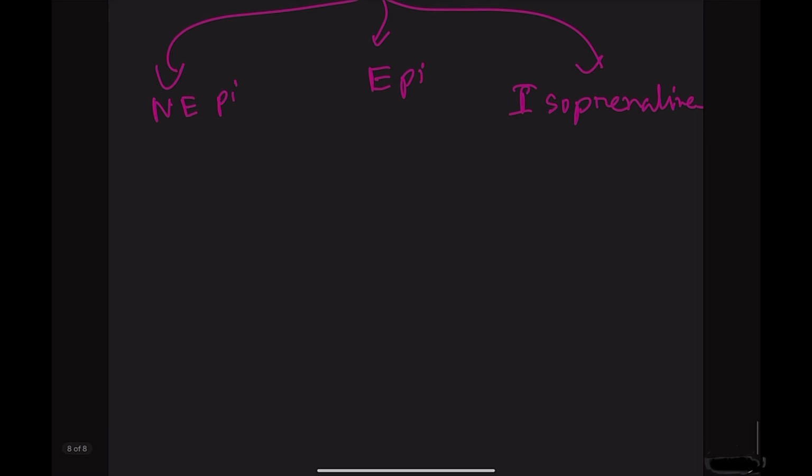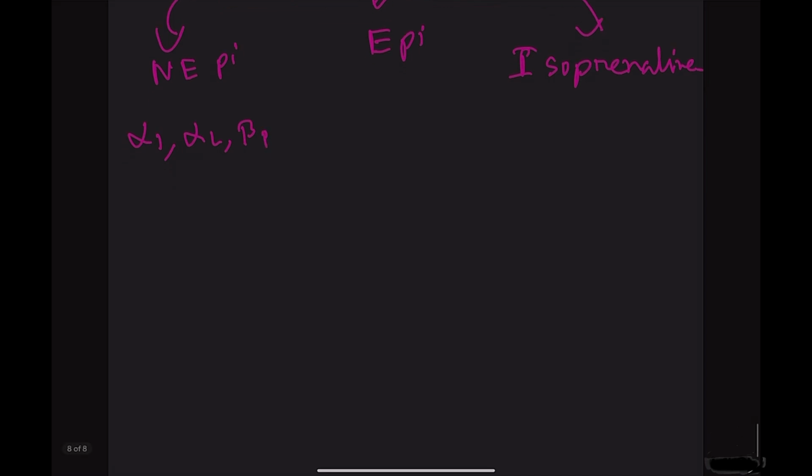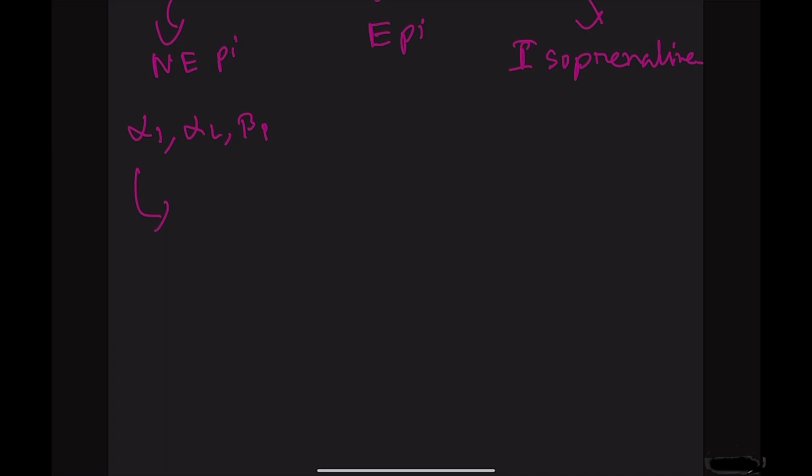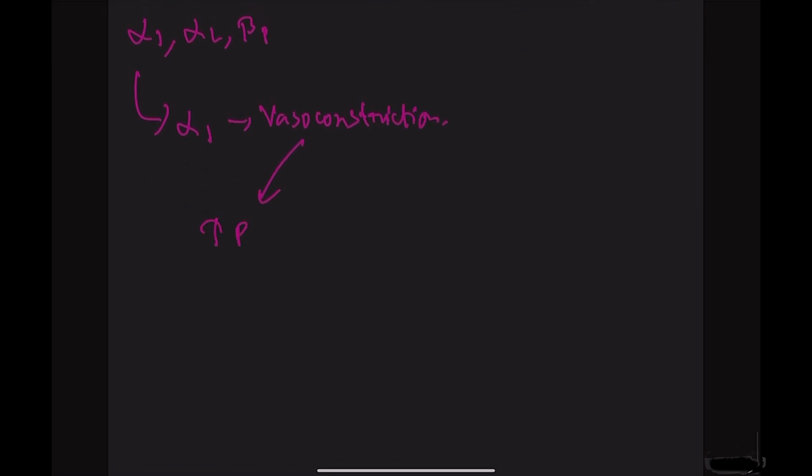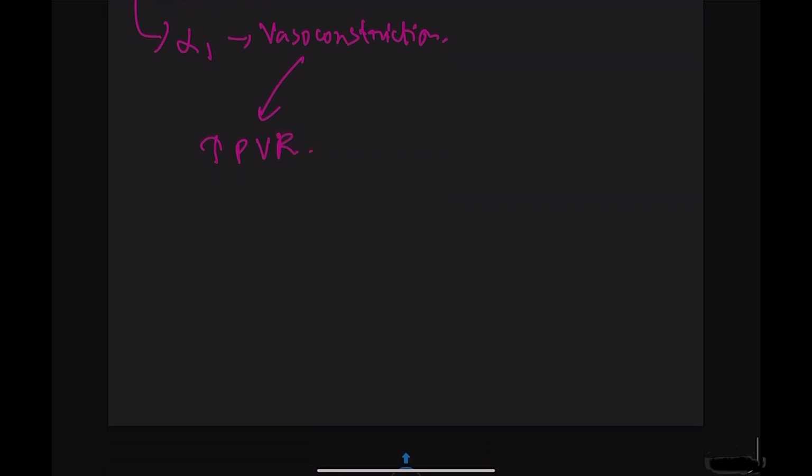So norepinephrine is selective to alpha 1, alpha 2, and beta 1, right? By stimulating alpha 1 receptor, it causes vasoconstriction, and it leads to increase in peripheral vascular resistance.